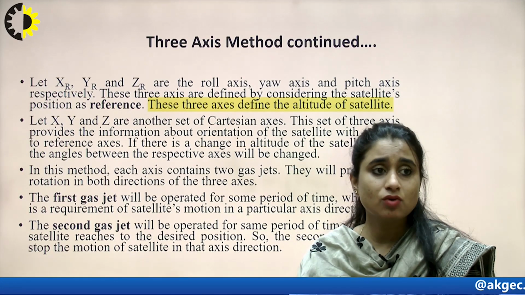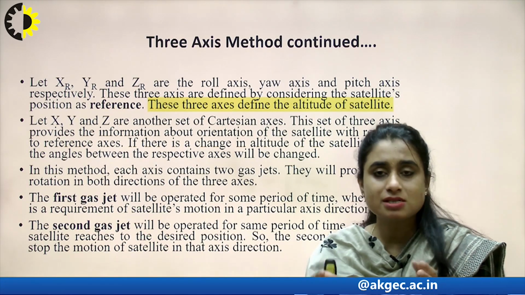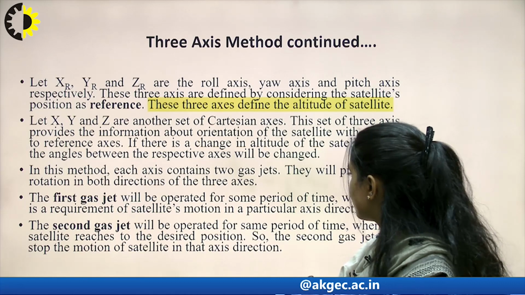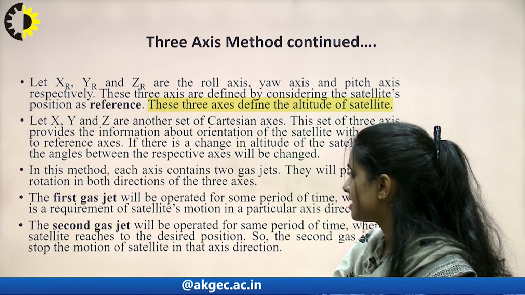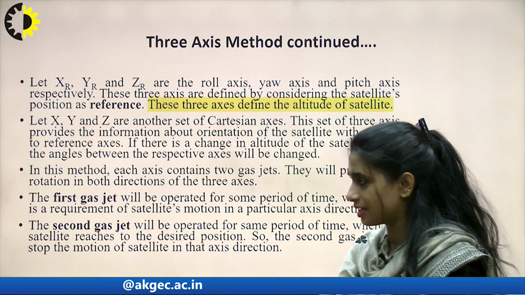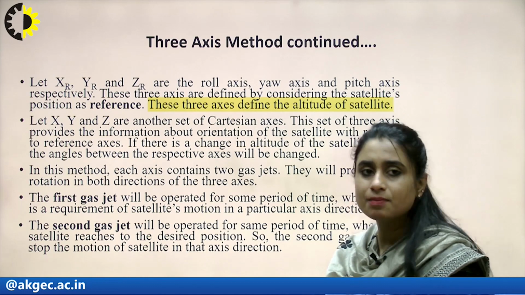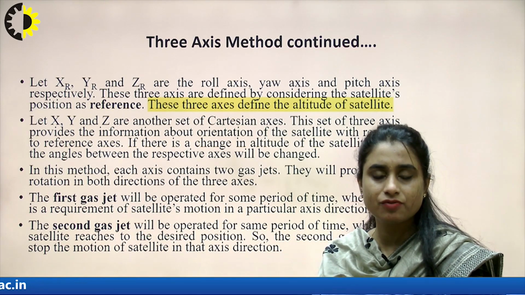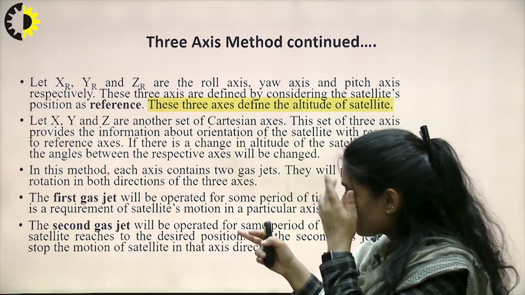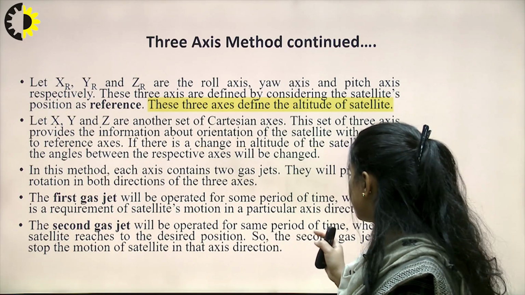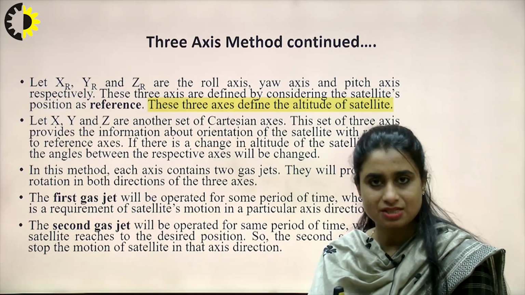In this method, we use 2 sets of gas jets. The first jet is operated for some period of time when the satellite needs to move in a particular axis direction. When we require the satellite's motion in a particular axis direction, we ignite the first gas jet, and the second gas jet is operated for some period of time when the satellite reaches the desired position.